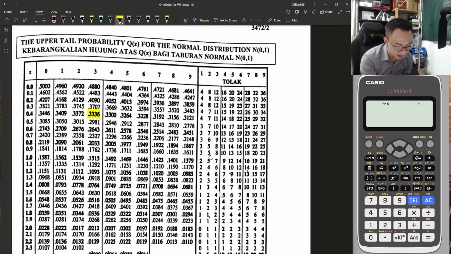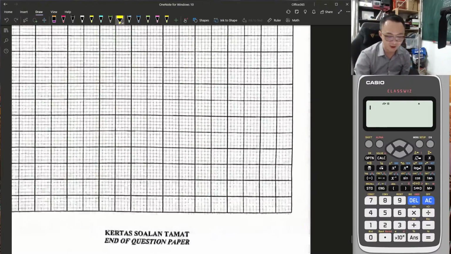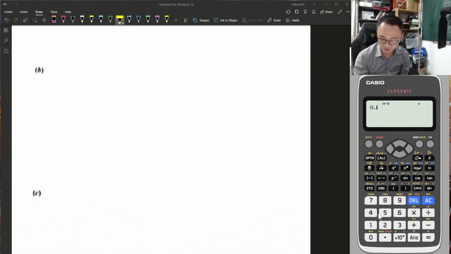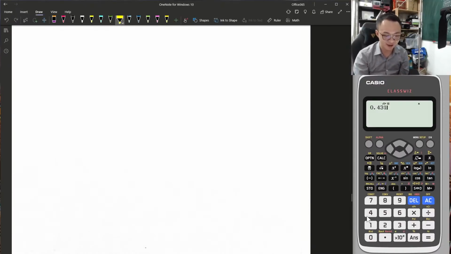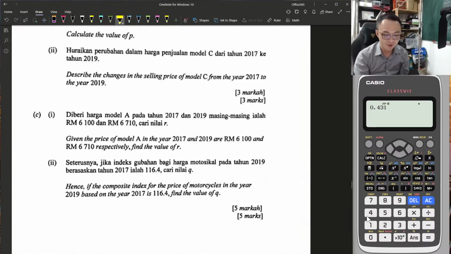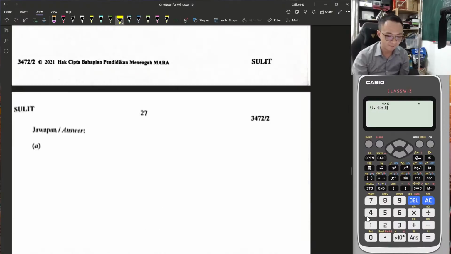Yeah, it's about this one, but I need to minus a 3 or 4 here. Maybe I minus 4. So I will say it is 0.431. Okay, this is how I use the table to actually get the 1 over 3. This is 0.333.